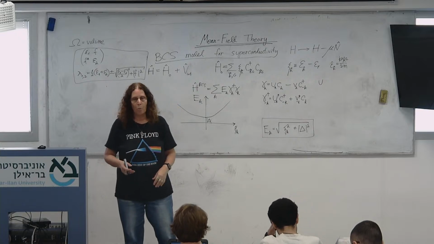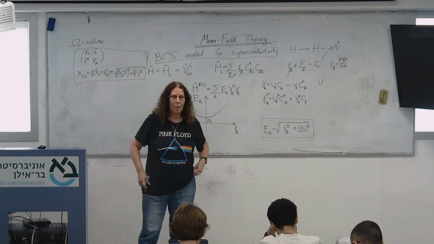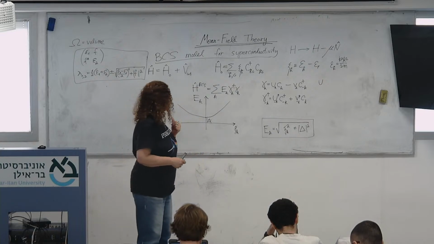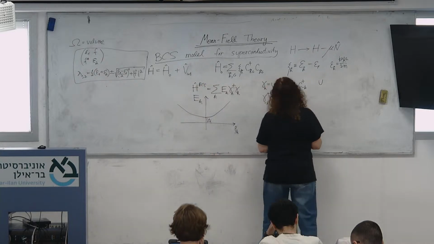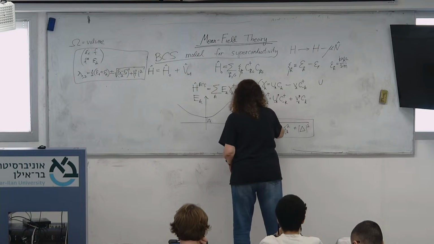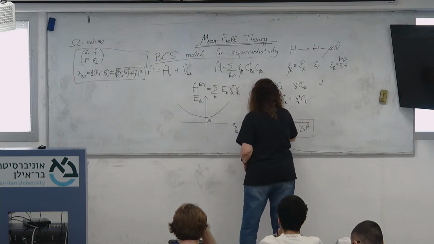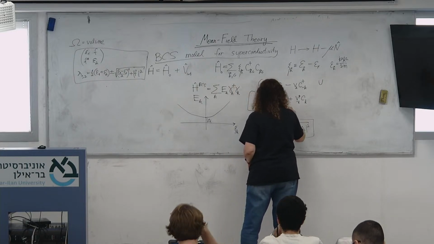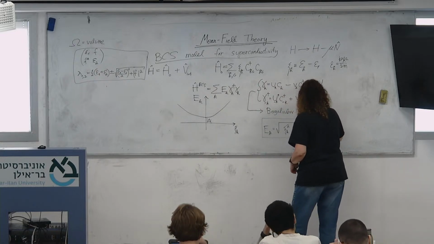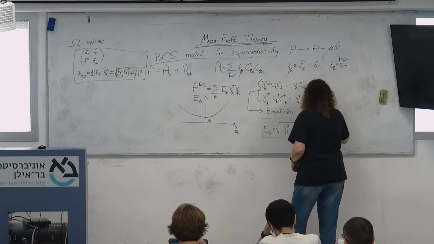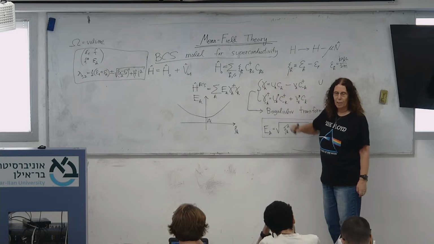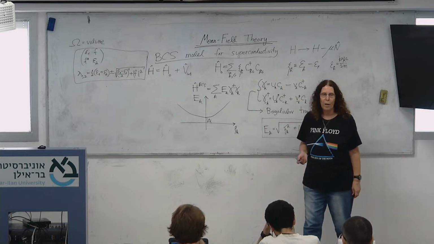Electron operators obey some fermionic anti-commutators. And this transformation is called the Bogolyubov transformation. And the new particles that are annihilated and created are called Bogolyubov quasi-particles.